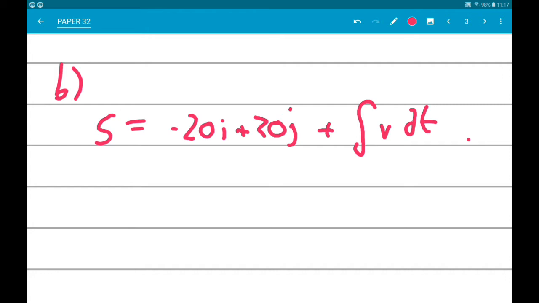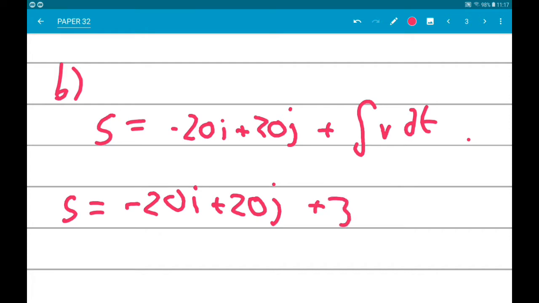So, that's going to give us minus 20i add 20j, now 6t integrates to 3t squared, so we have 3t squared i, and then minus 5t to the 3 halves integrates to minus 2t to the 5 halves j.